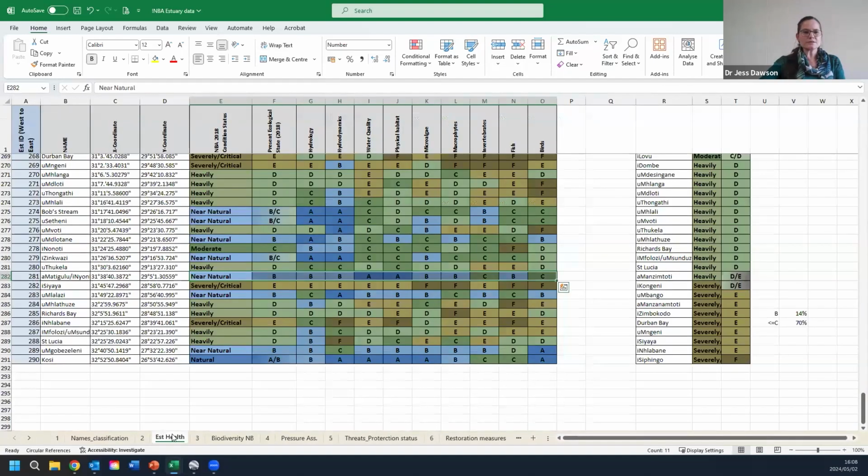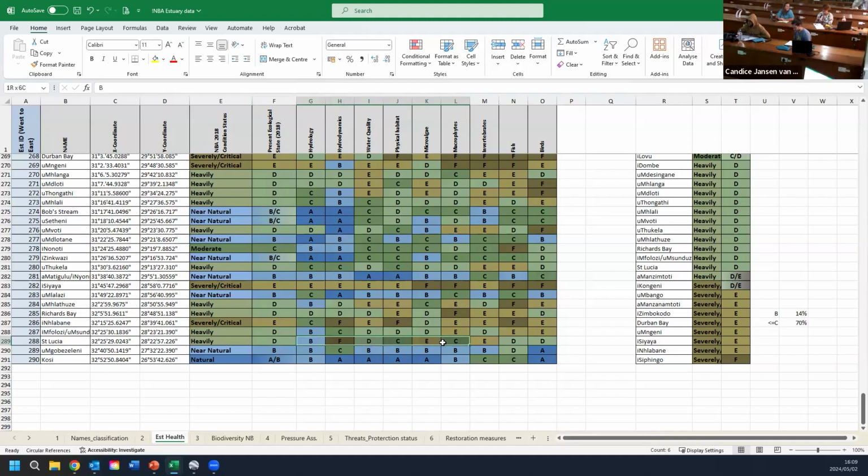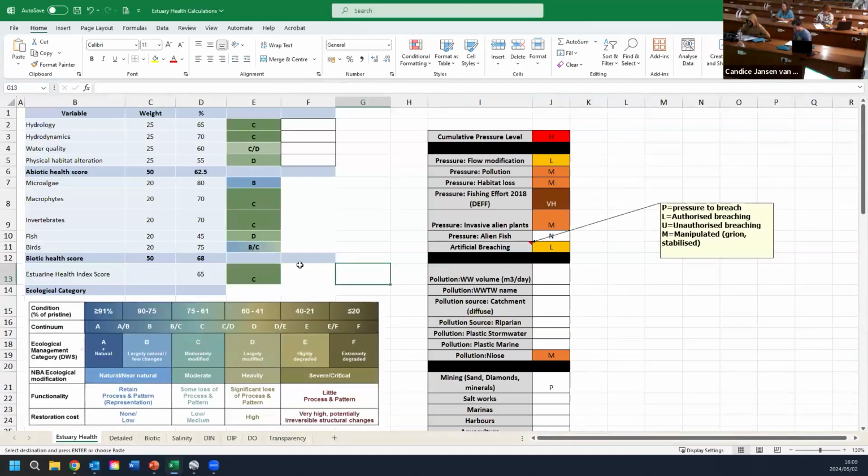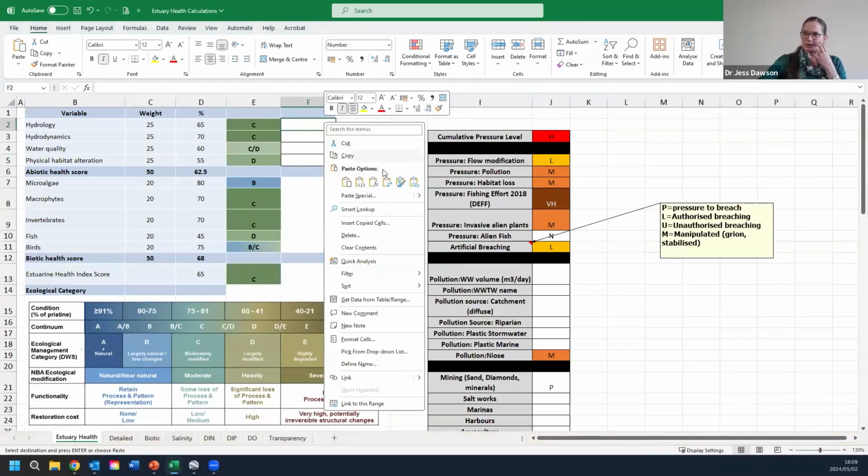Do you think it's easier to do an estuary that has a lot of human activity or an estuary that doesn't have a lot of human activity? Easier for the one that doesn't have human activity because everything would be high. Yeah, it's also a lot harder to interpret.